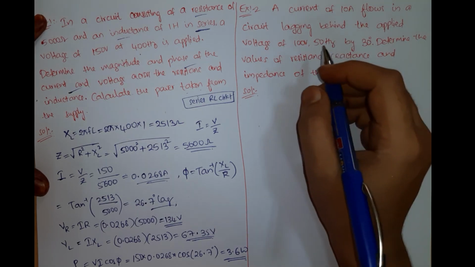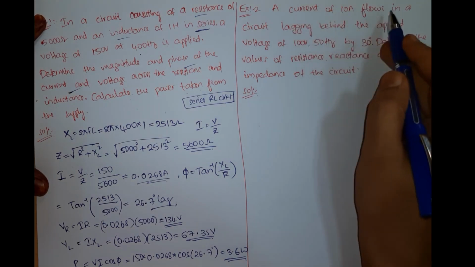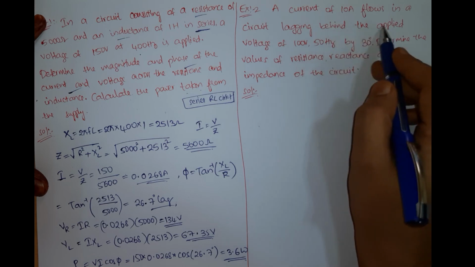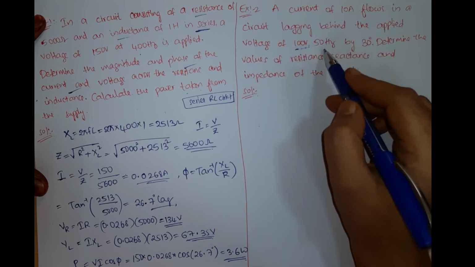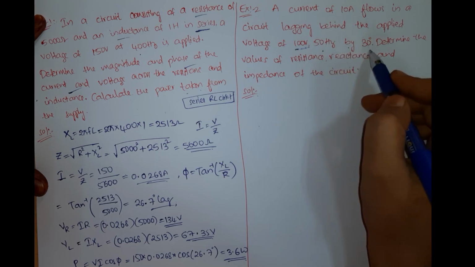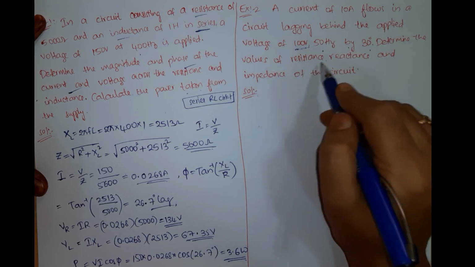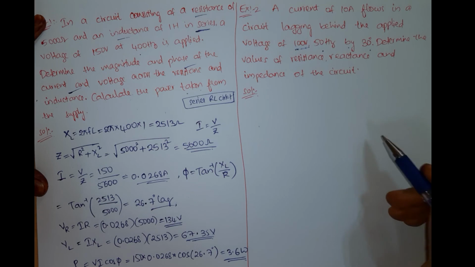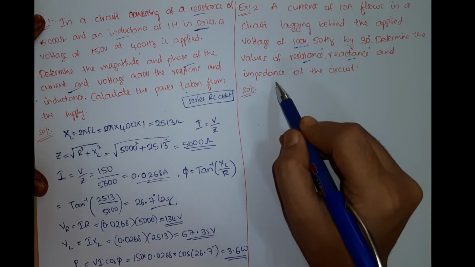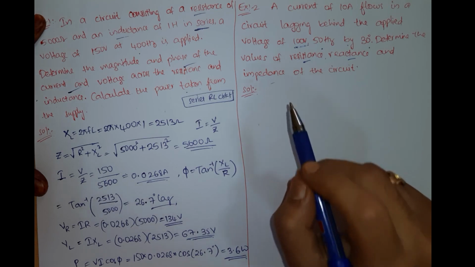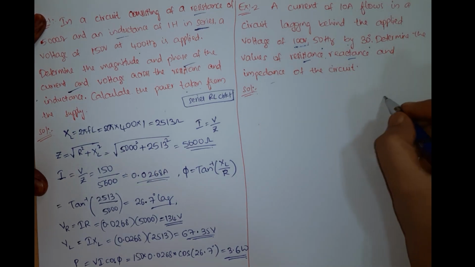See, here it is given that a current of 10 amps flows in a circuit lagging behind the applied voltage of 100 volts 50 Hz by 30 degrees. Determine the values of resistance, reactance and impedance of the circuit. We are asked to find out R, X and Z. That means you have to remember the impedance triangle.